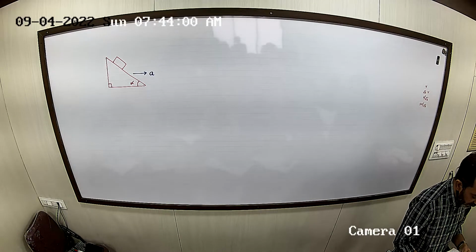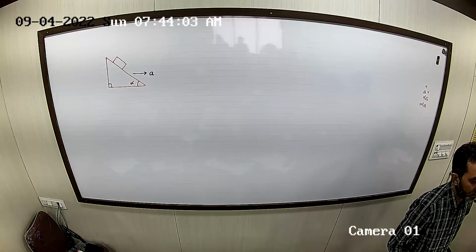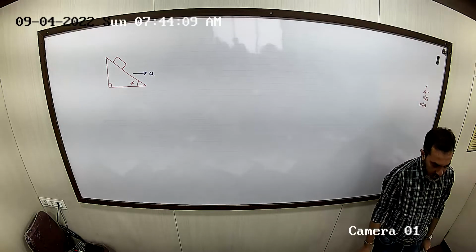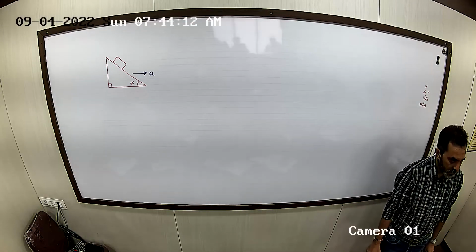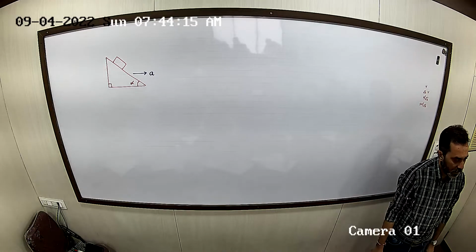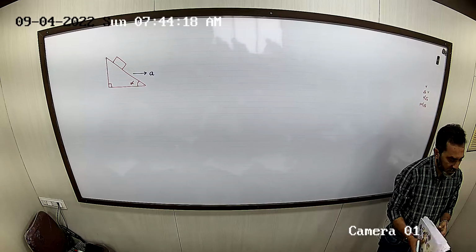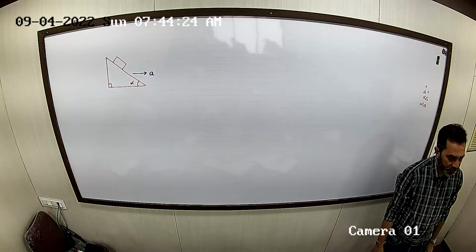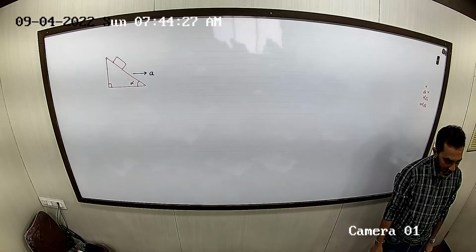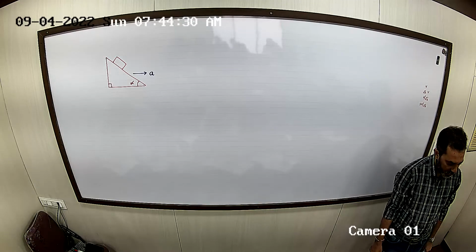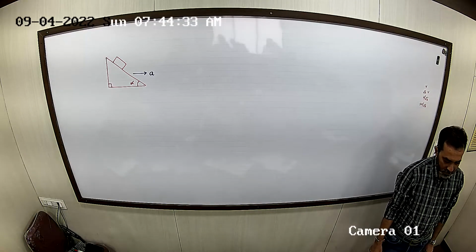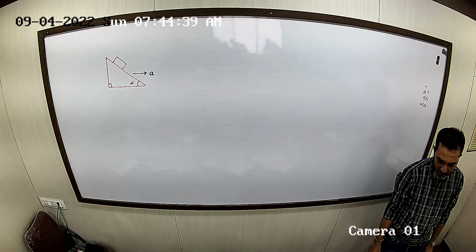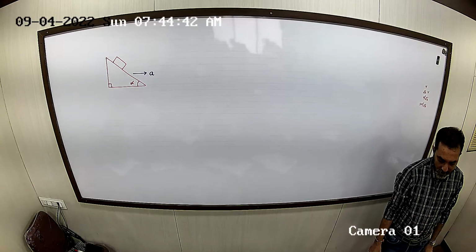You can see the diagram. If the inclined plane is given an acceleration A to keep the block stationary, then find the value of A.